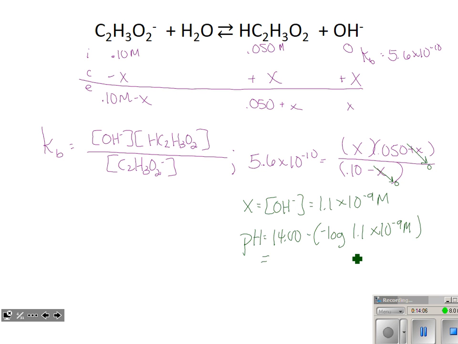So pH is equal to, oh dear, I think I just solved for the pOH. pH is equal to 5.04.